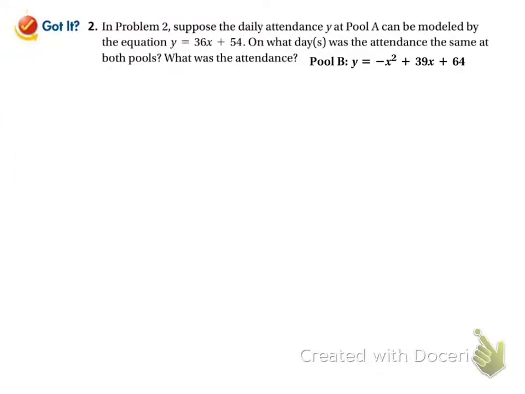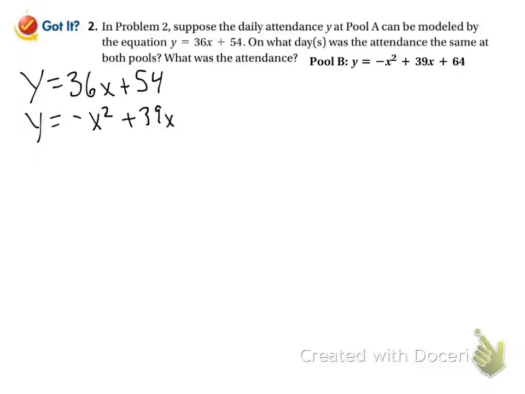So we're going to do our problem here, and we have two equations. y equals 36x plus 54, and y is equal to negative x squared plus 39x plus 64. So we need to rewrite these and line them up, okay?